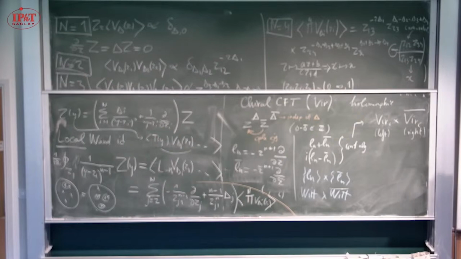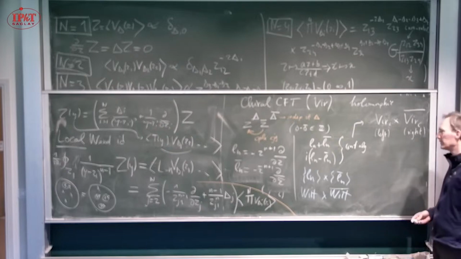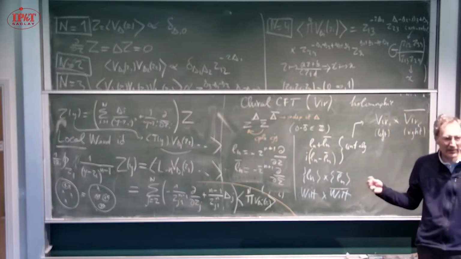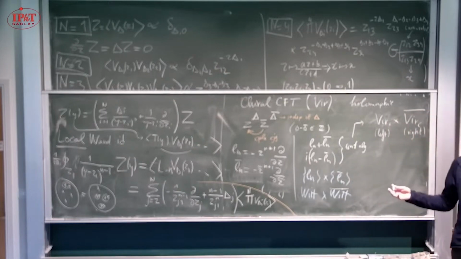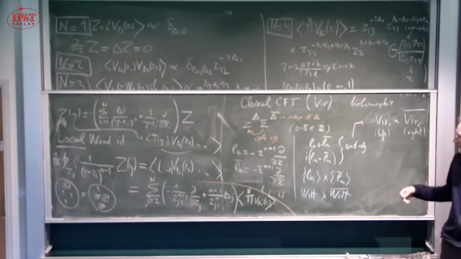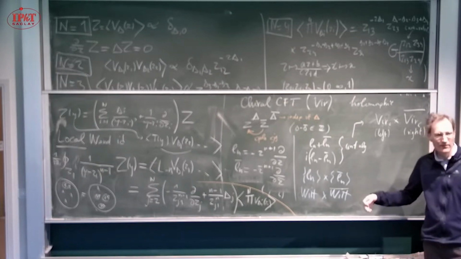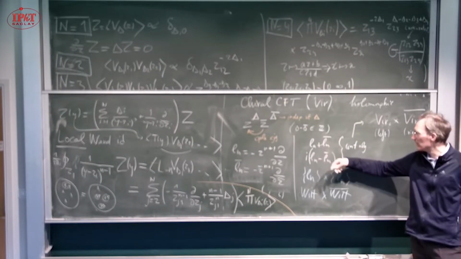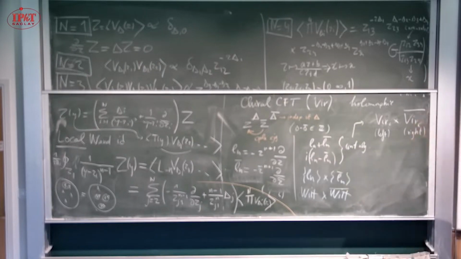But if you identify z bar as the complex conjugate of z, do you really have two copies? You just have one subgroup of it, right, if you don't keep z and z bar independent. It's only when they're independent that you really have two copies, no? Yeah, so it depends on what space I act on. But if I'm acting on a complex space of states, or even a space of complex functions on the sphere, I can take arbitrary complex coefficients of these generators and I get two independent copies.